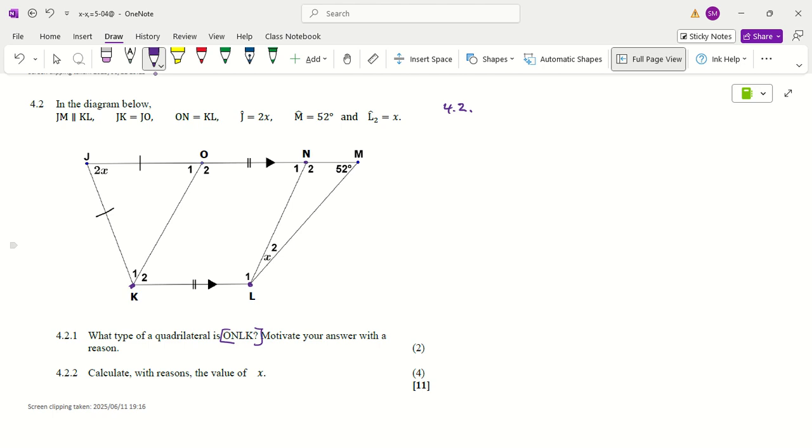And if you can see that in the shape there, you'll see that ON is equal to KL, and ON is also parallel to KL. So what is this? This is a parallelogram.